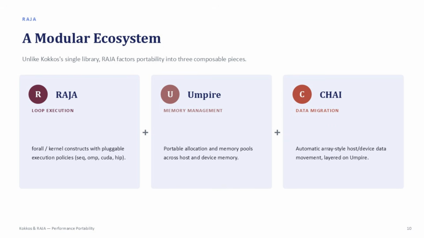RAJA has three main parts. RAJA handles loop execution, Umpire helps with memory management, and CHAI helps move data between the CPU and GPU. Together, these tools provide a flexible way to make existing applications portable.